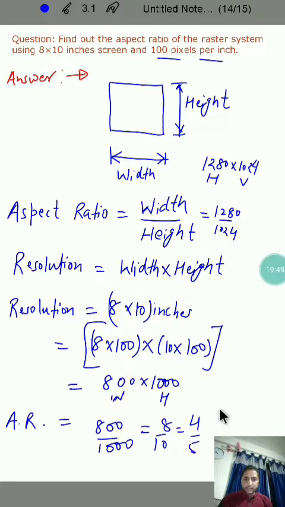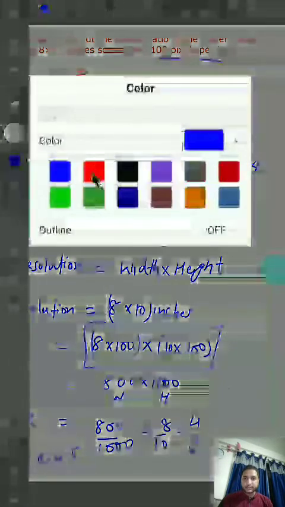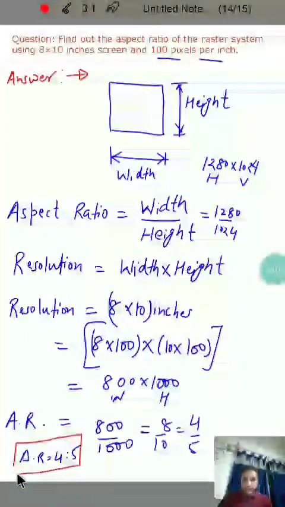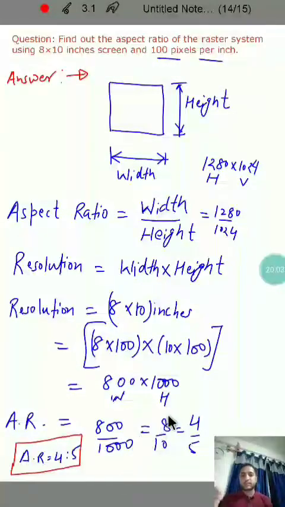So the aspect ratio will be 4:5. This is the answer. This is how, if a question asks you to find the aspect ratio, the aspect ratio for this is 4:5. Okay, so I hope this question is clear. Now let us solve the next question.